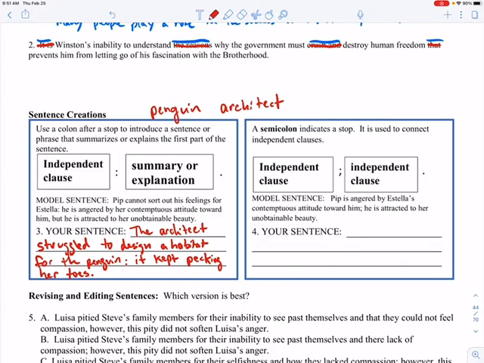On to 4. So let's see, the penguin kept pecking the... Just don't ask me to spell architect anytime soon. Semicolon.